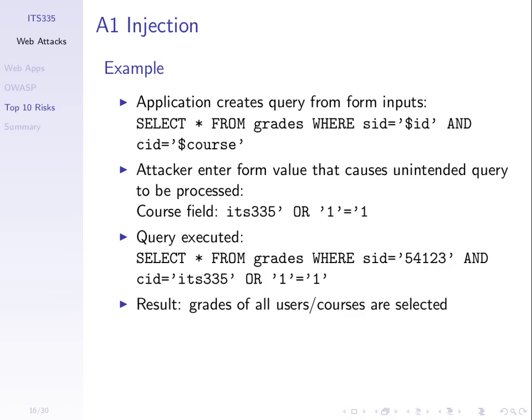So in our case, the course we'd expect to be just ITS 335, but the attacker created this special string, such that the query becomes something that returns true in terms of the conditions, which means it selects all rows from the table. The result, in this case, is the grades of all users are selected and therefore displayed.